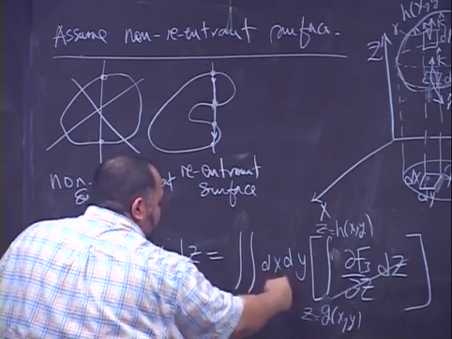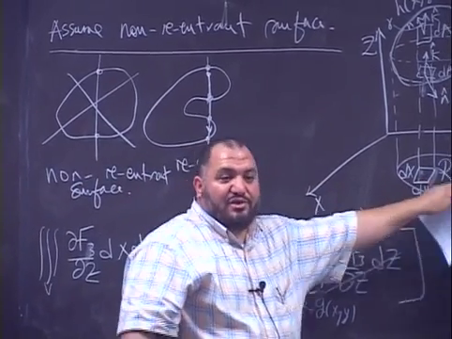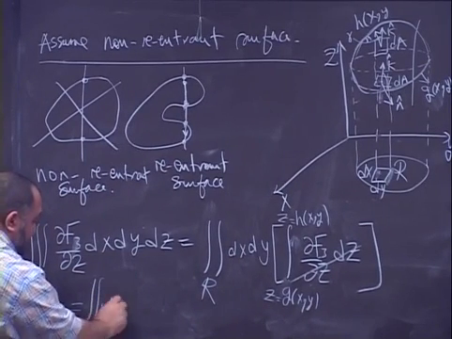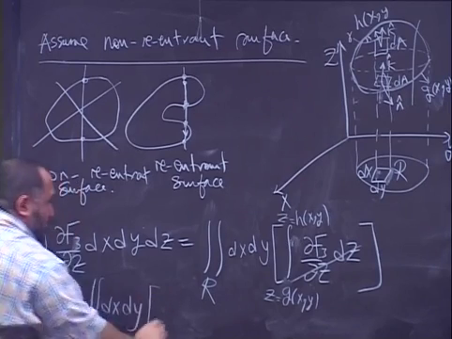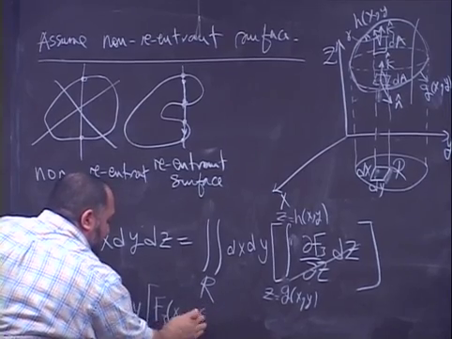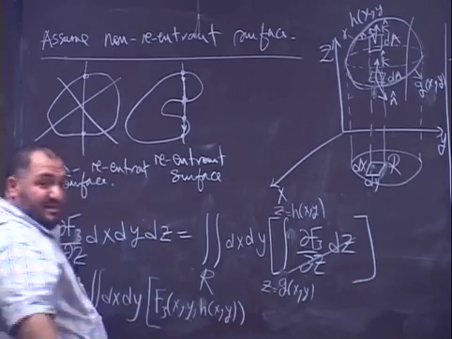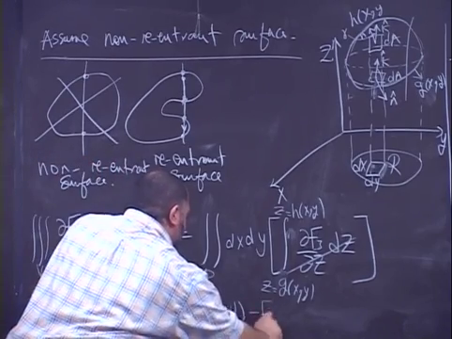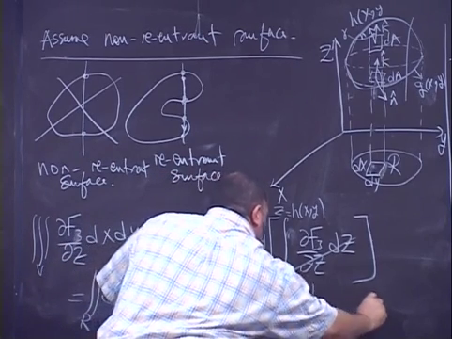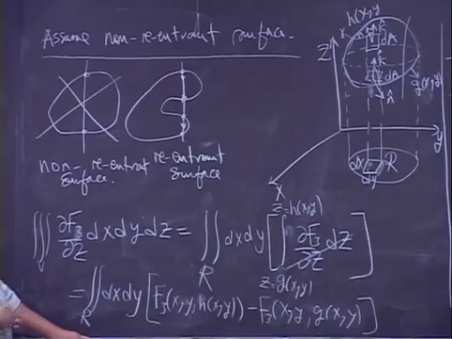And because I am left with dx dy, what's dx dy? Area in the region R, so I am doing this. So this will give us what? dx dy multiplied by f3 evaluated at x, y, and z is equal to what? The upper limit, which is h of x and y, yes, minus f3 of x, y, and what? g of x and y, all evaluated at R. Does it make sense for you guys?